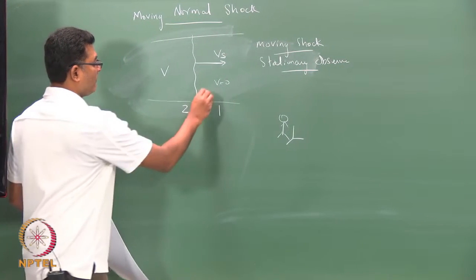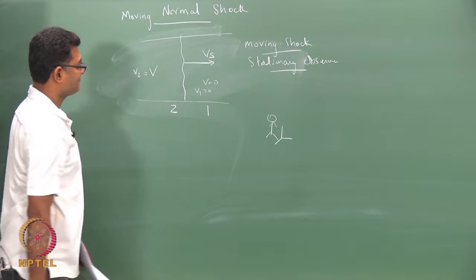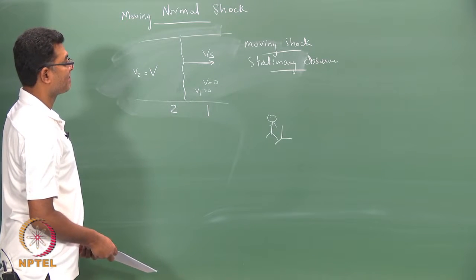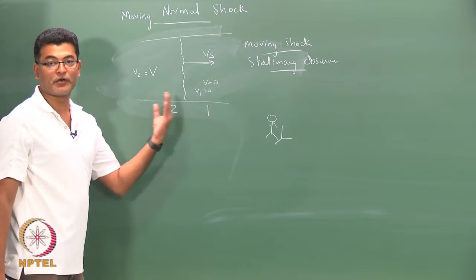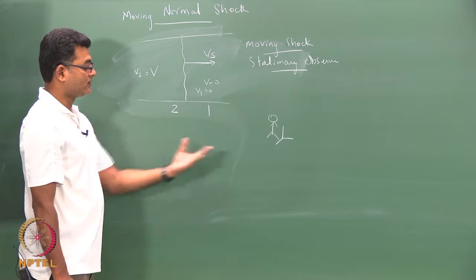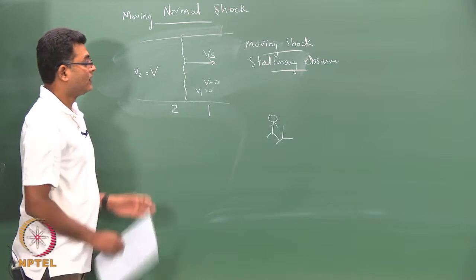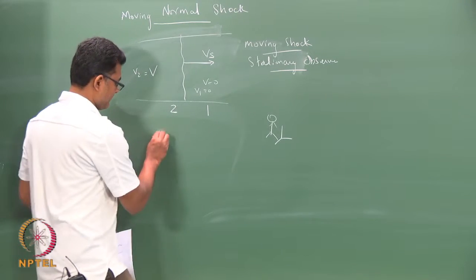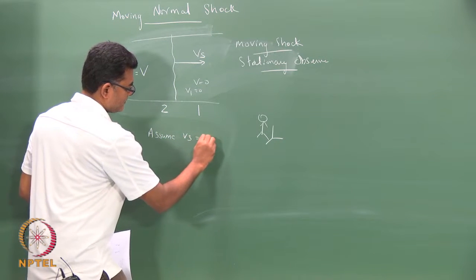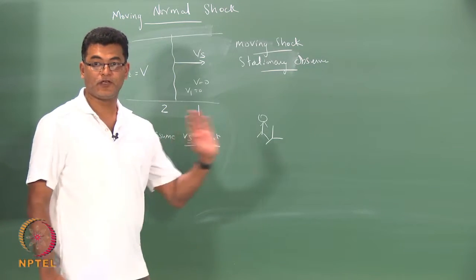So, V1 is 0 here, V2 is V. This is an unsteady problem. I have a shock moving and a stationary observer, so I see the shock moving across. Now, Vs is constant, or I have a uniform velocity.